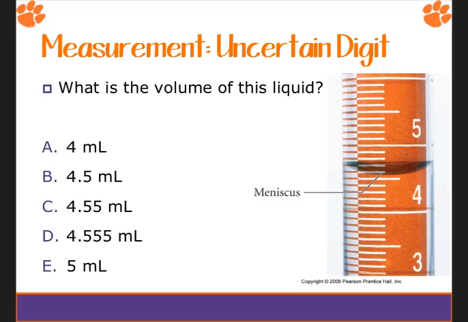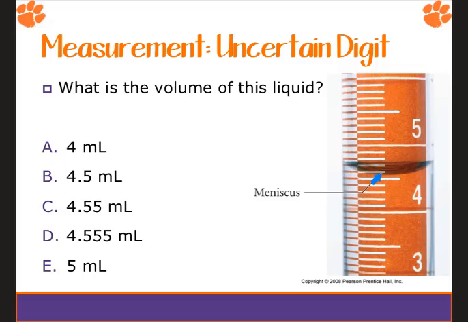All right, again, we're going to look at this graduated cylinder. We see that we have markings for 4 and 5 milliliters, and then little markings in between. So this is 4.1, 4.2, 4.3, and so on. These are marked to the tenths place. Here we count: we've got 4, so we know our first digit is 4. 1, 2, 3, 4, 5.